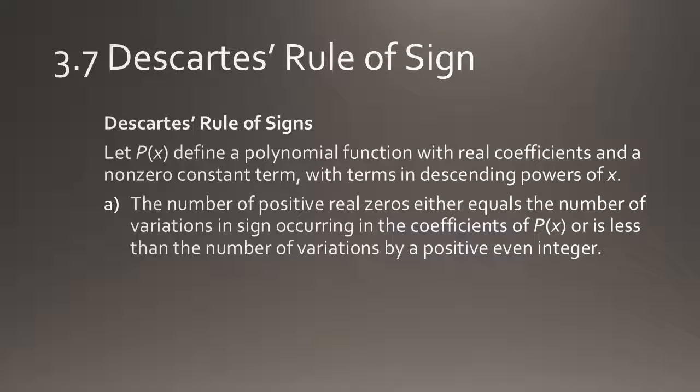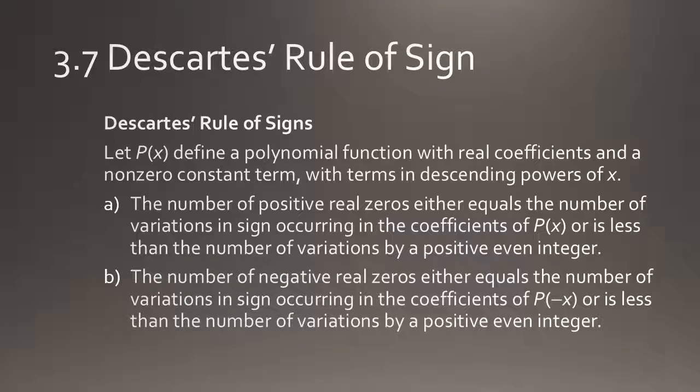In other words, what you'll do is you'll look at the polynomial and you'll count how many times the signs change from positive to negative or negative to positive. That count tells you how many real positive zeros you could have, or it could have less than that by 2. So if you end up counting and you get 3, it means you could have 3 real positive zeros, or you could have 1 real positive zero.